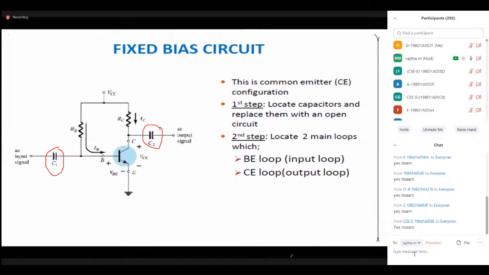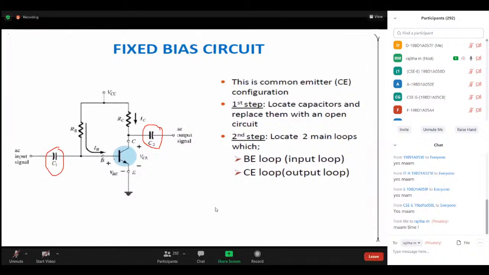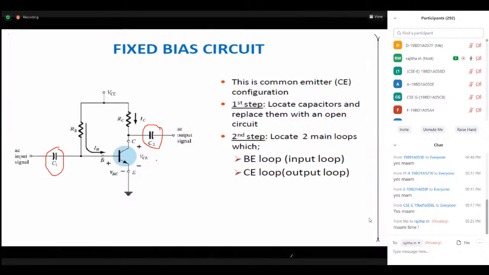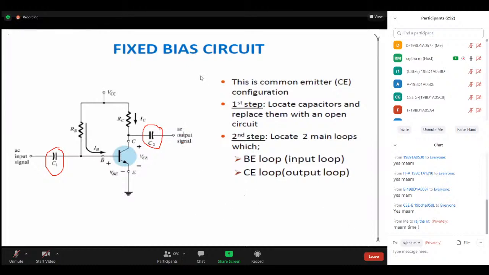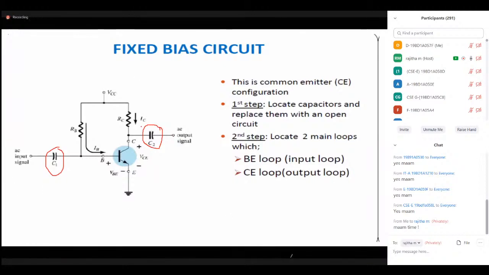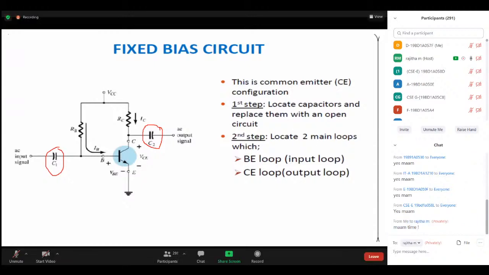To amplify this weak AC signal, we couple it through a coupling capacitor to the base of the transistor. Here, to collect the amplified AC output signal, we have also connected one more coupling capacitor at the collector terminal.